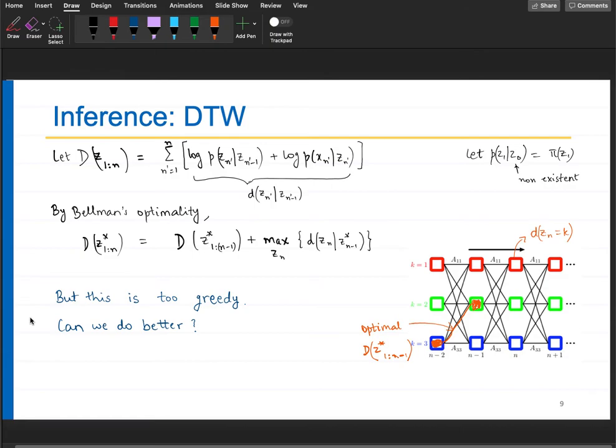There are capital K states and capital N time instants, so K to the power N. But how many paths we are able to track? How many paths are we tracking?